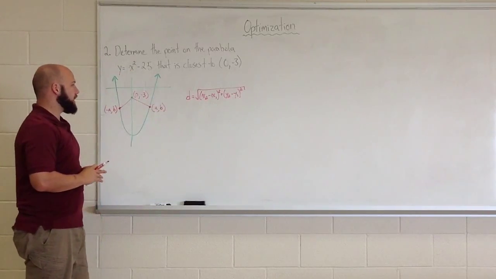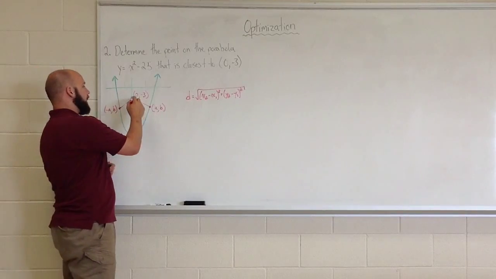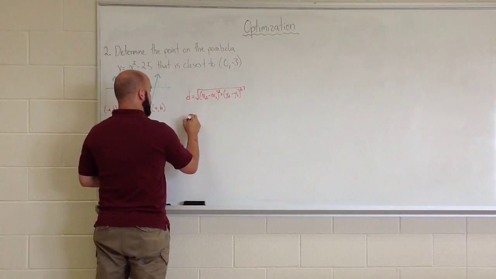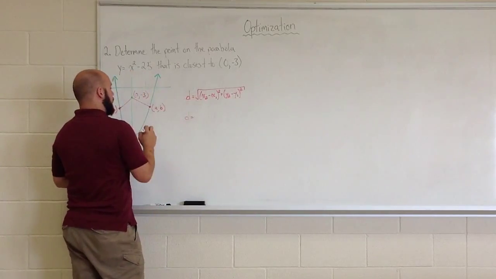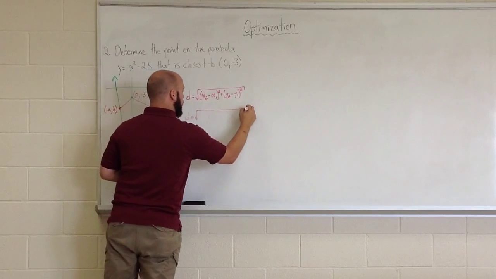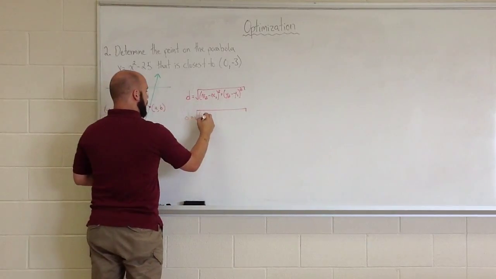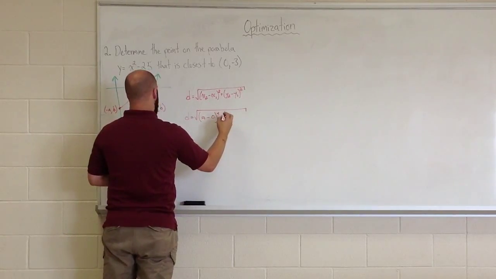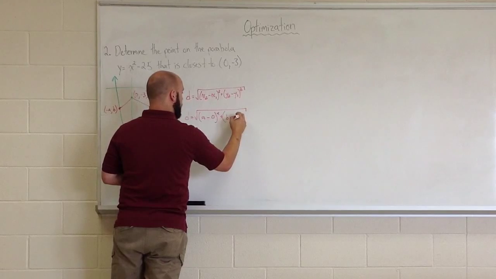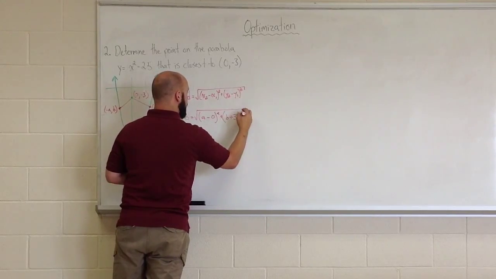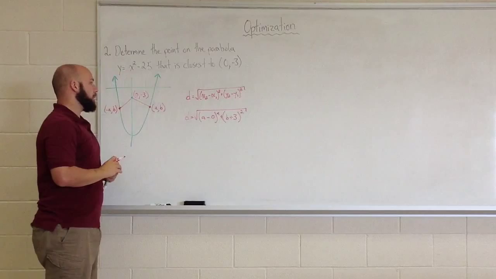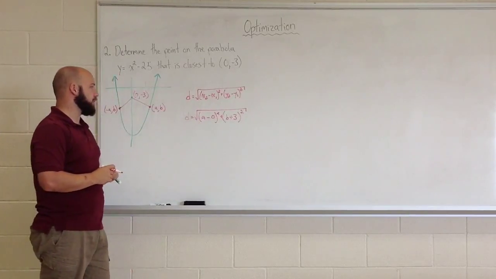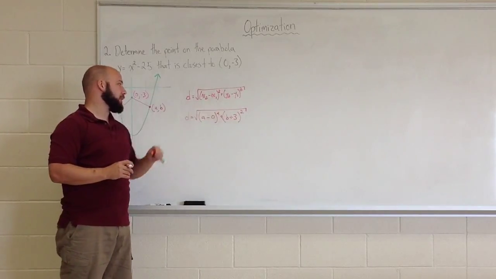So, we're going to use this distance formula, and we're going to plug in (0, negative 3) and (a, b). So we're going to have d equals the square root of (a minus 0) squared plus (b minus negative 3), so (b plus 3) squared. And we want to have this d be a function of one of these variables. So it's a squared and then (b plus 3) squared.